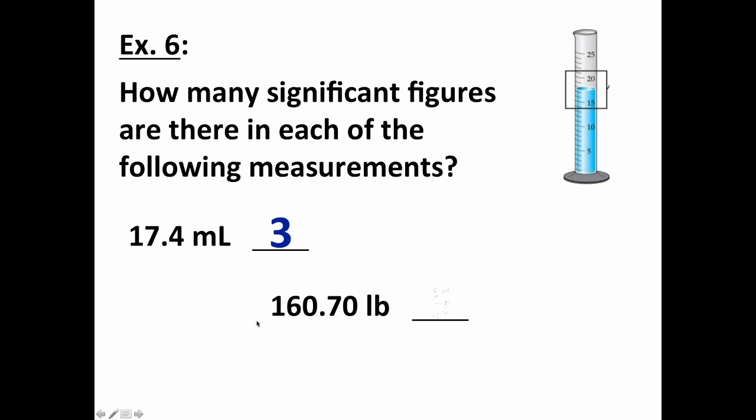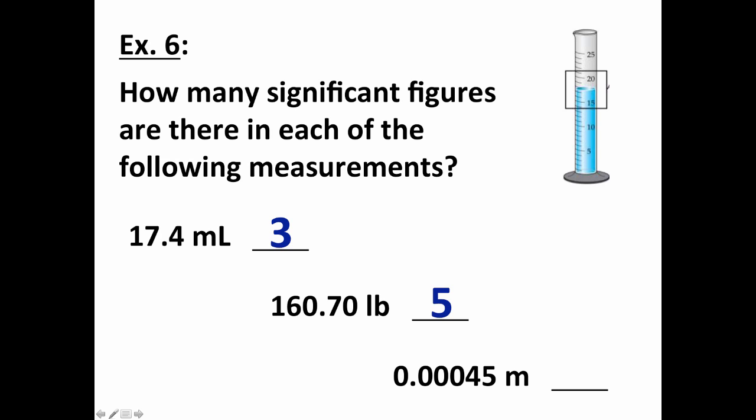And the answer is 5. The 1, the 6, the 0, the 7, and the 0 are all results of measurements. The 0 here and the 0 there, that's what the device, the scale, let's say, said. And especially this last 0 wouldn't have been written unless it was measured, once it's past the decimal place.